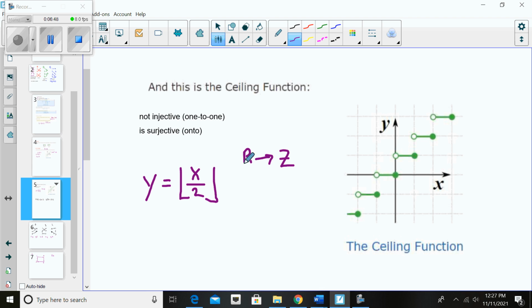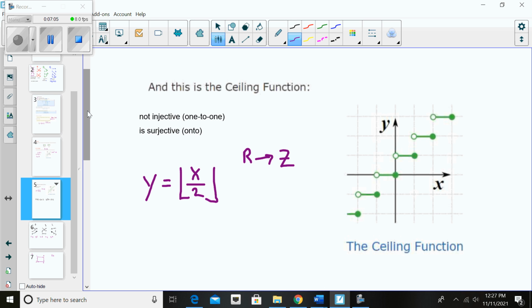It would not be 1-to-1, but no matter what integer I wanted to pick, I could find an input that would give me that integer. So I'm helping you with one of the problems on the homework.